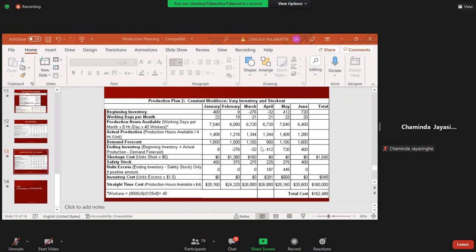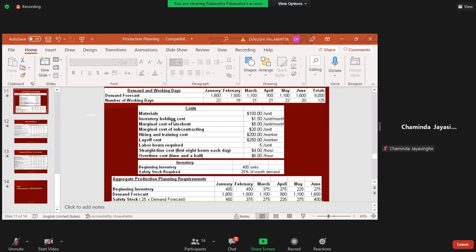So you have ending inventory of 412, and safety stock is 225. 412 minus 225, you get units in excess, 187. This amount you have to multiply by 1.5. This 1.5 is the holding cost, inventory holding cost per unit.